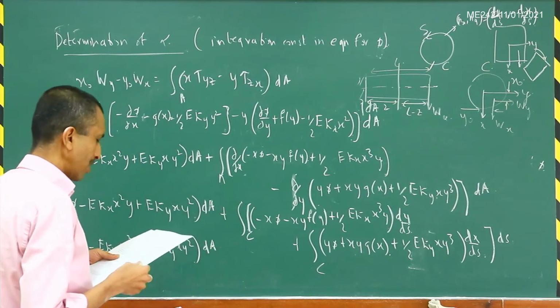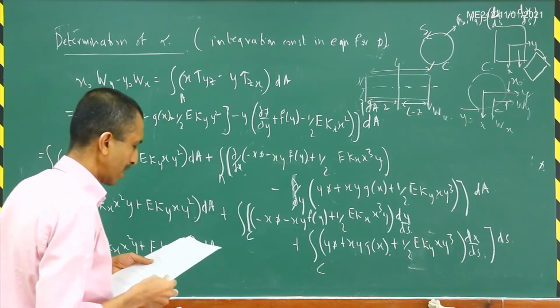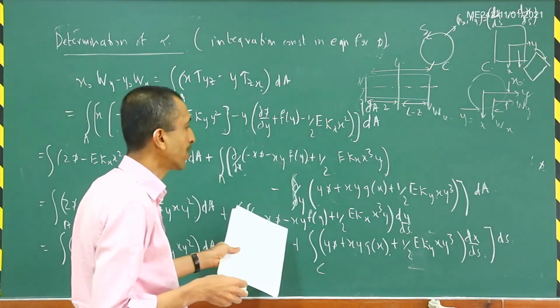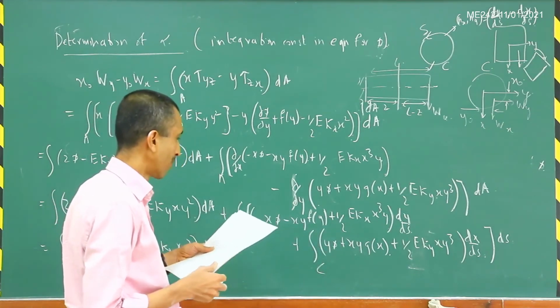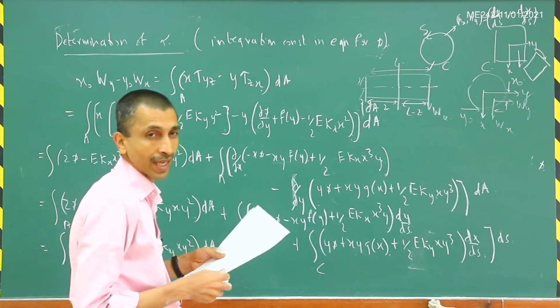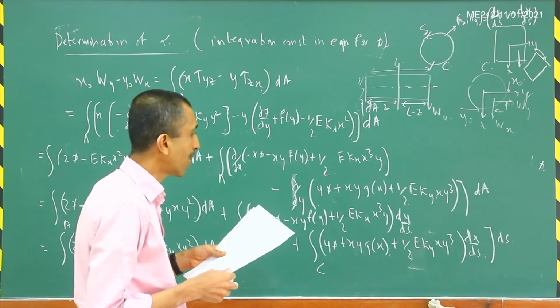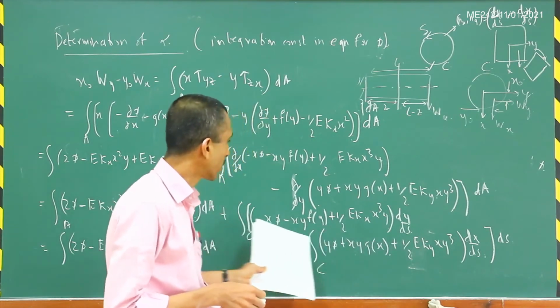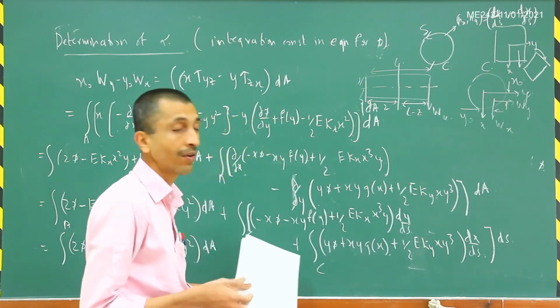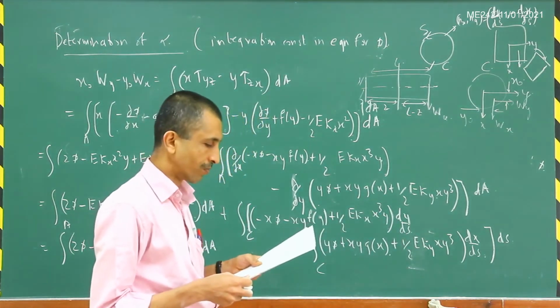So that is because you can see that this is equal to 0 by the traction free boundary condition, right? That the integral of tau xz times nx plus tau yz times ny equals 0. So from that we will get that this whole contour integral is equal to 0.